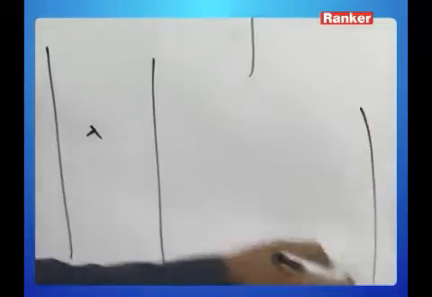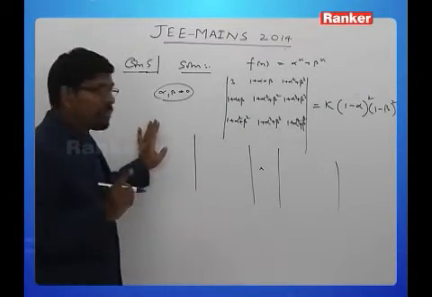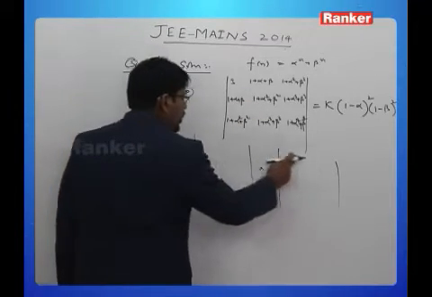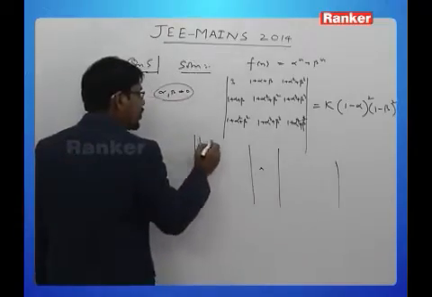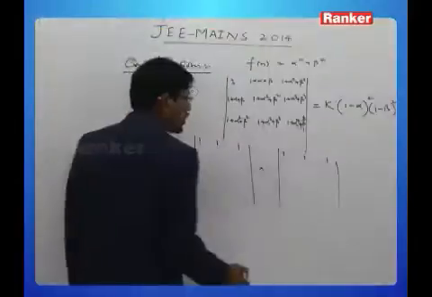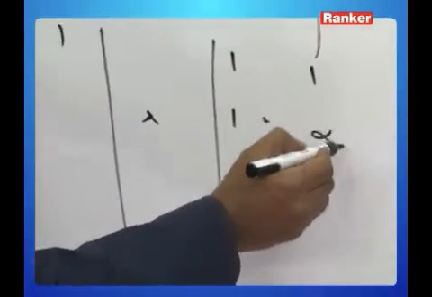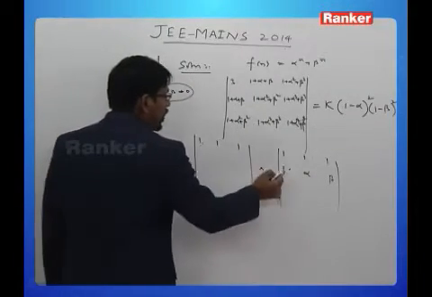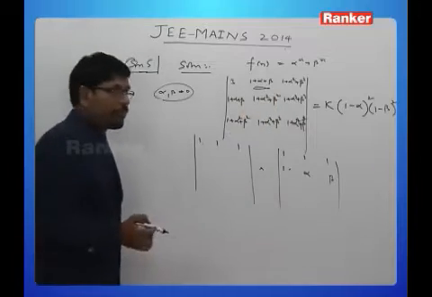We will write this as a product of two determinants. You know, two determinants can be multiplied row with row, the first row of the first matrix with the first row of the second matrix. So 1 1 1. To get this 3, I will take this 1 1 1 here. Now let's take 1 alpha beta here. That gives me 1 into 1 plus 1 into alpha plus 1 into beta, that is 1 plus alpha plus beta.